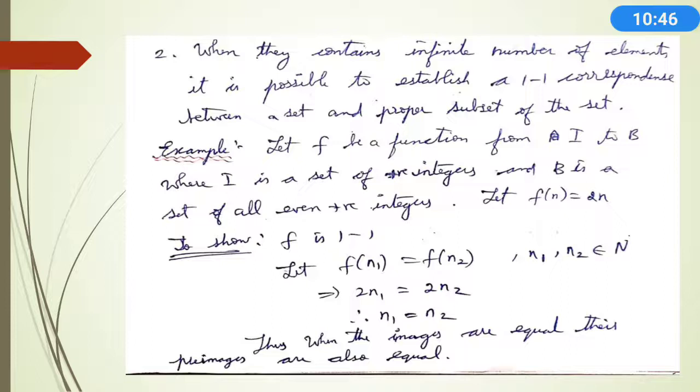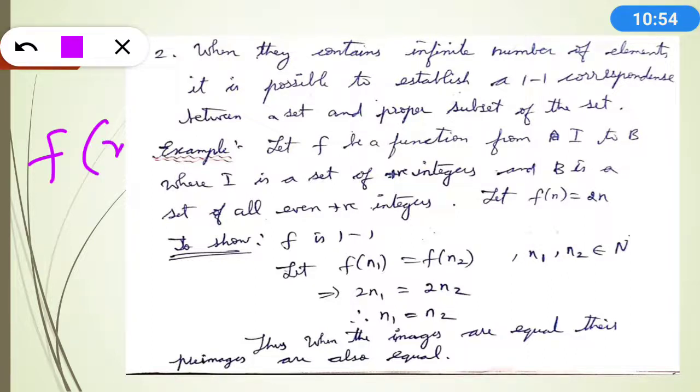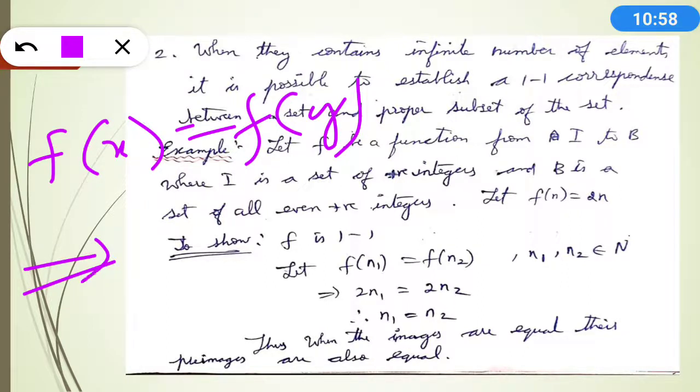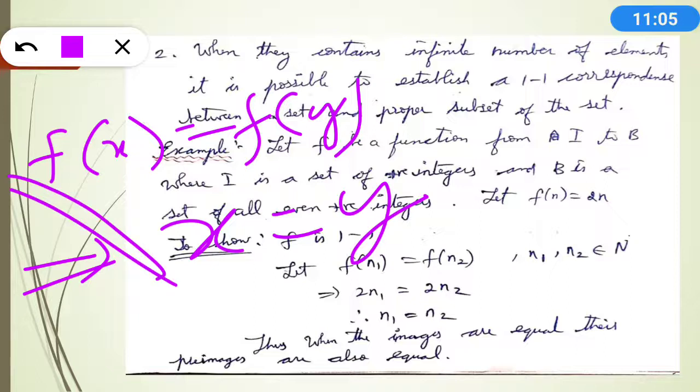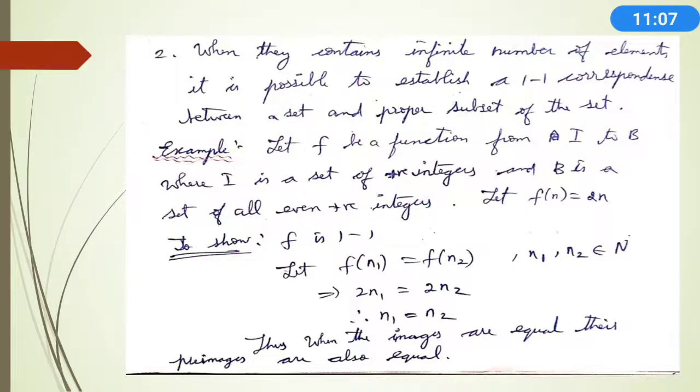If the images are equal, then the pre-images are also equal. So if I take f of n1 equal to f of n2, then by the definition of the given function, it can be written as 2n1 equals 2n2. I can cancel 2, and I get n1 equals n2. Therefore, when the images are equal, the pre-images are also equal. Therefore, this is one-to-one.